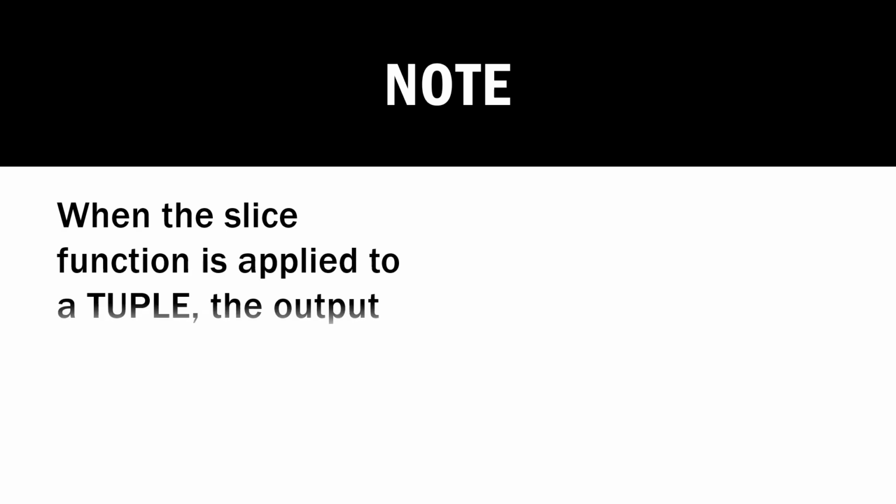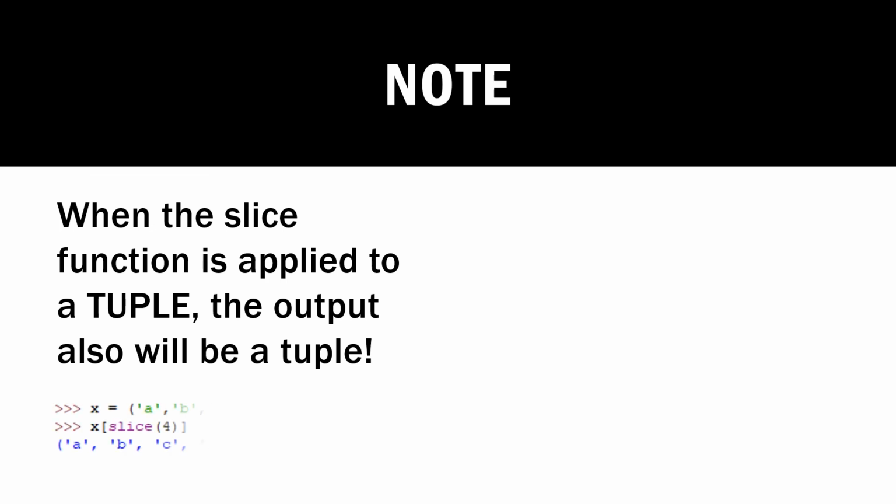Now there is an important point you should know about this slice function. Remember, when the slice function is applied to a tuple, the output you get, actually the sliced part you get, also will be a tuple like this.